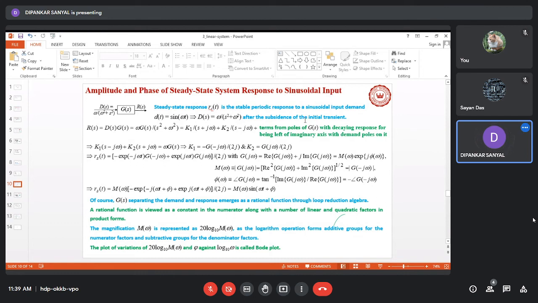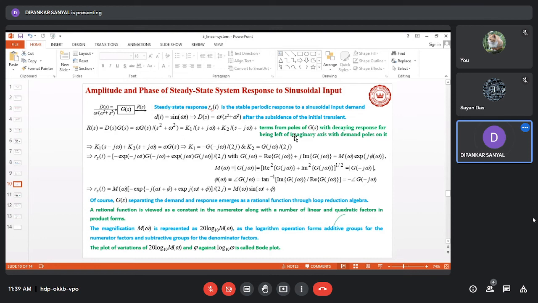But if this gain term falls below 1, what it means, the amplitude of the response is lower than the amplitude in the demand. So there is an attenuation. If the M part is greater than 1, it would imply we are having a magnified presence of the amplitude in comparison to the denominator.